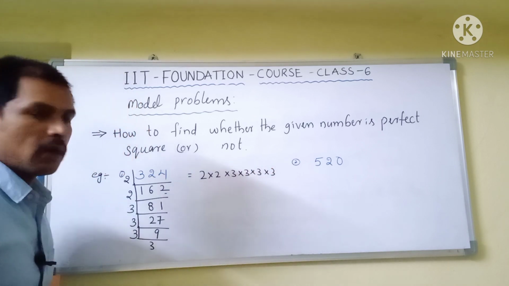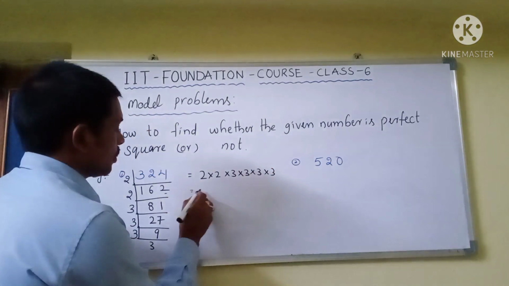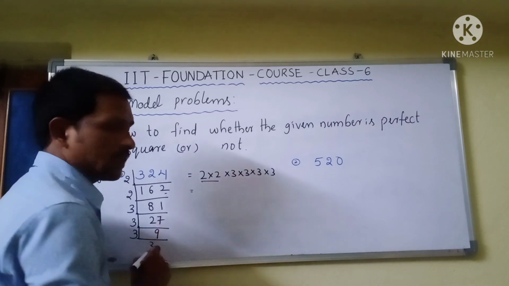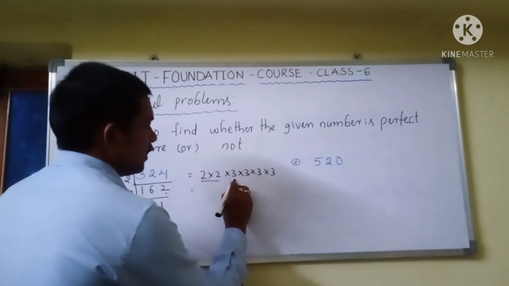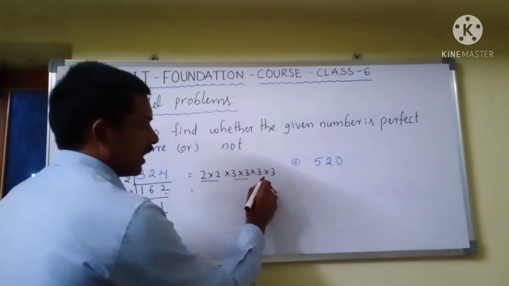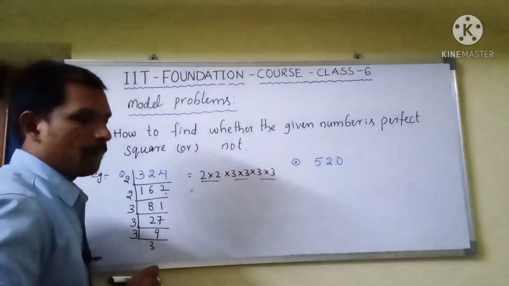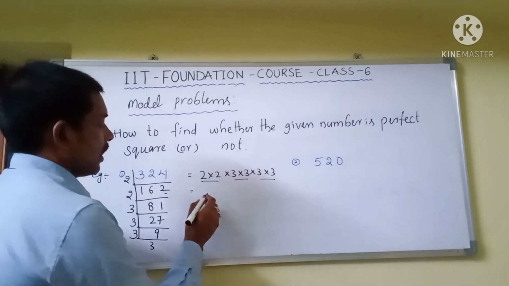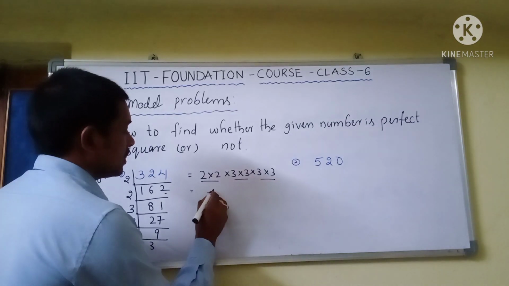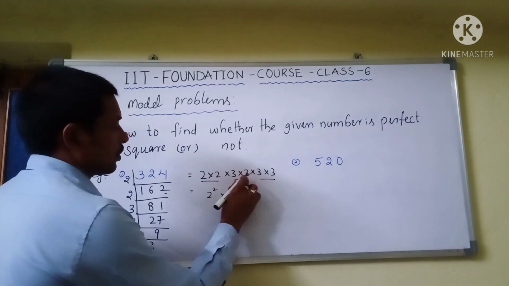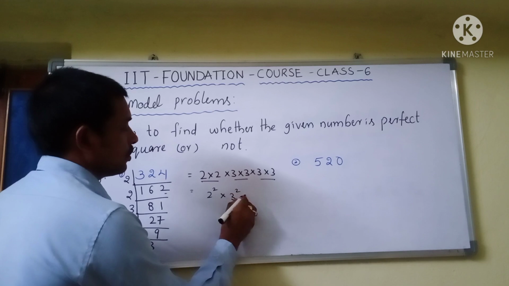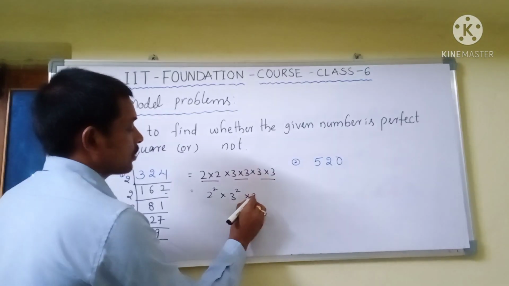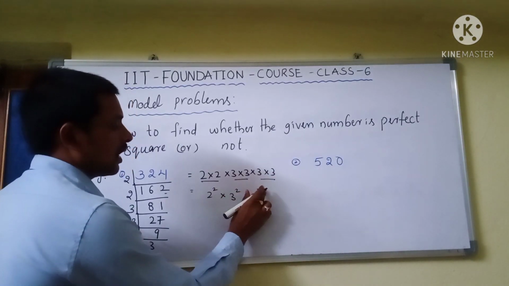If you observe, each time the factor 2 is repeated as a pair, again 3 is repeated as a pair, and again 3 is repeated as a pair. Now you can write this as 2 power 2, this as 3 power 2, and this as 3 power 2. So here the powers are equal.